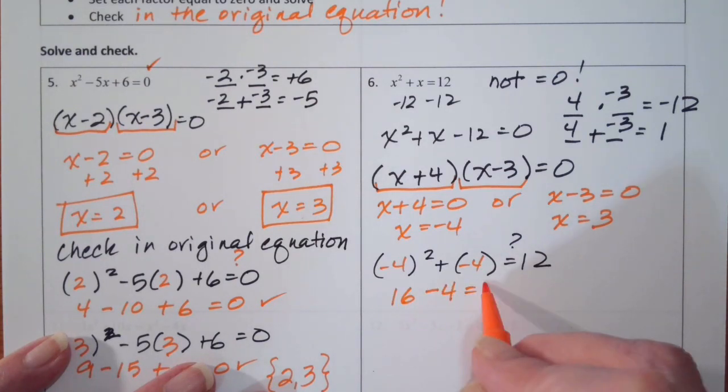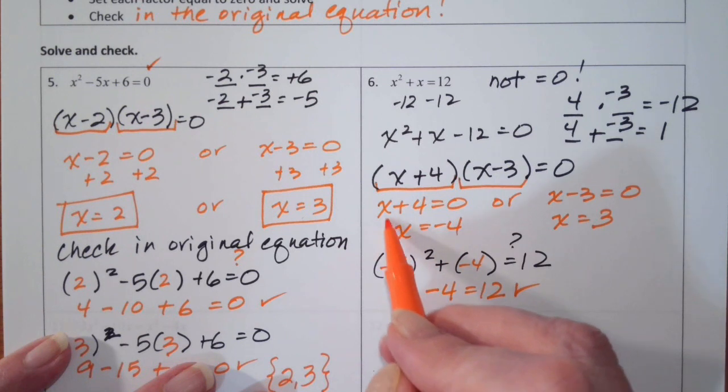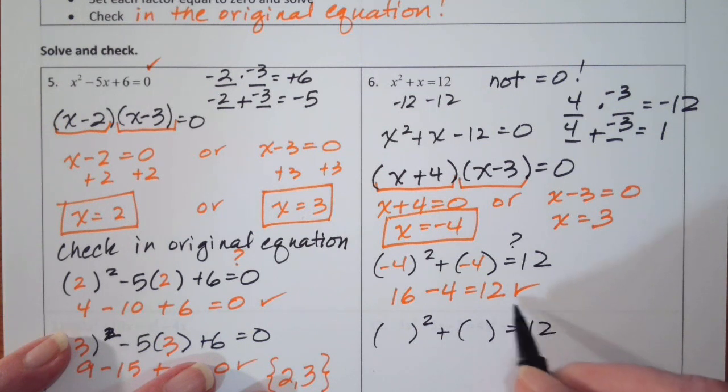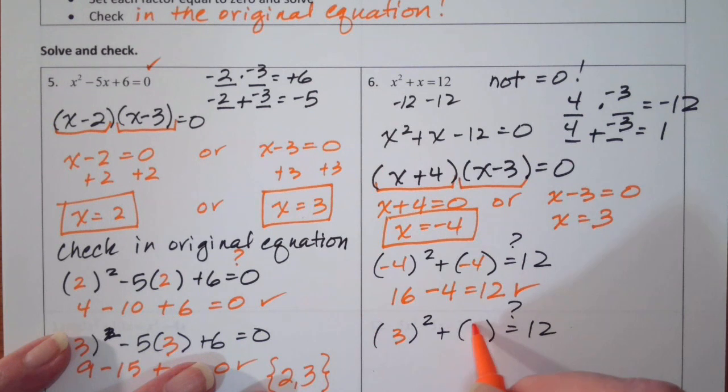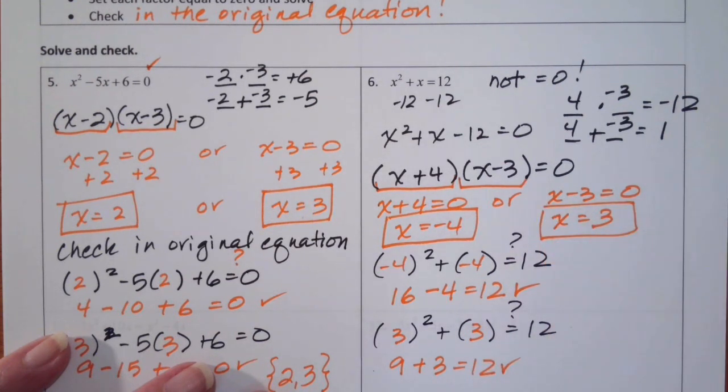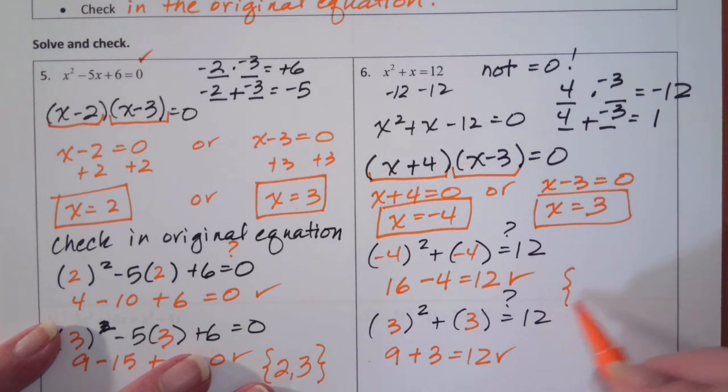Minus 4 equals 12, and that checks. Let's check the 3. So I want to know if 3 squared plus 3 equals 12. This is 9 plus 3 equals 12. It does. So this is also a solution. And if I want to write it as a solution set, it's negative 4, 3.